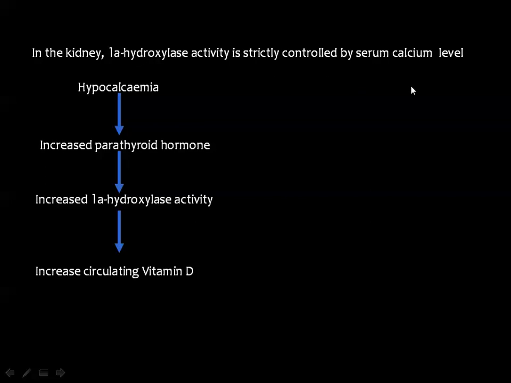Then let us look at what happens if there is a decrease in the serum calcium level. What do we mean by hypocalcemia?